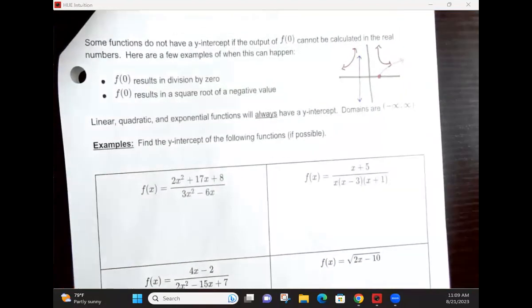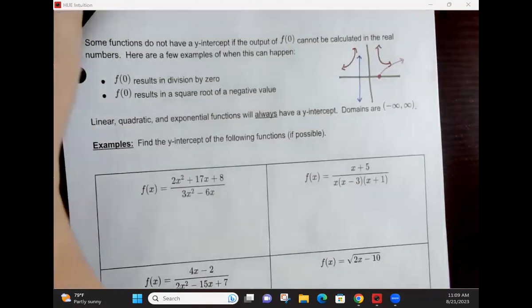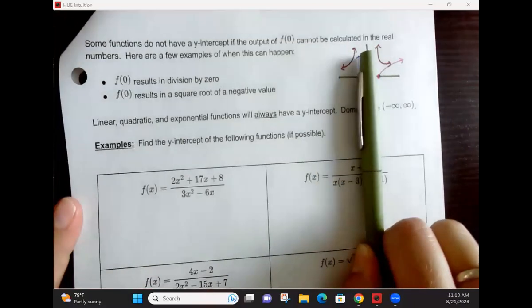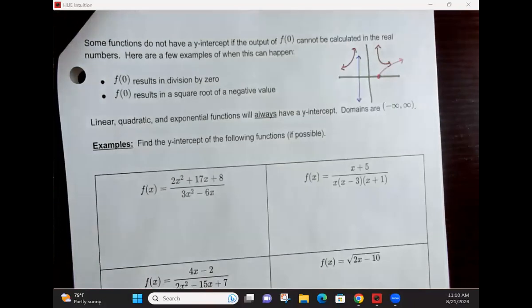That would not have a y-intercept if it's not on the y-axis. We'll see a few other types of functions. Logarithmic functions are another one that we'll talk about, related to exponential functions. We know exponential functions have that horizontal asymptote. Logarithmic functions have a vertical asymptote instead. So if that vertical asymptote happens to be on the y-axis or in front of the y-axis, then our logarithmic functions wouldn't have a y-intercept either.